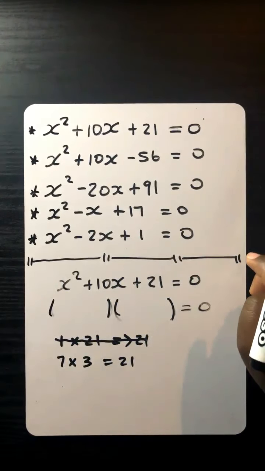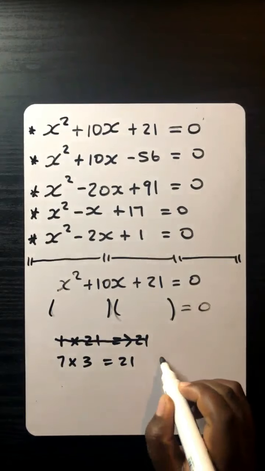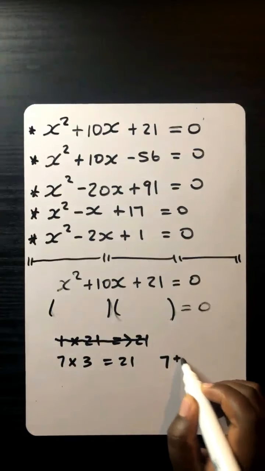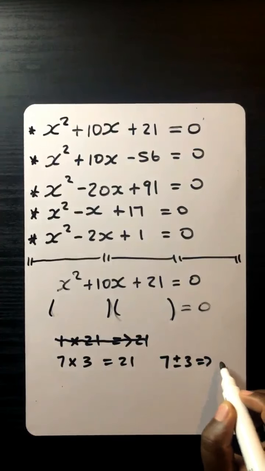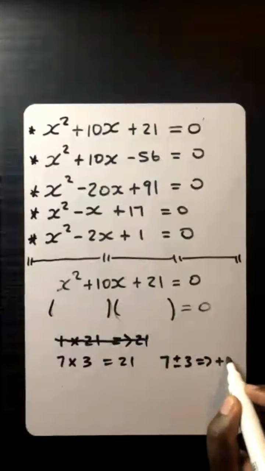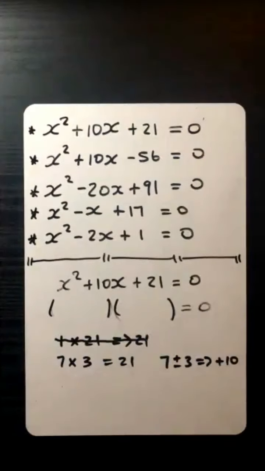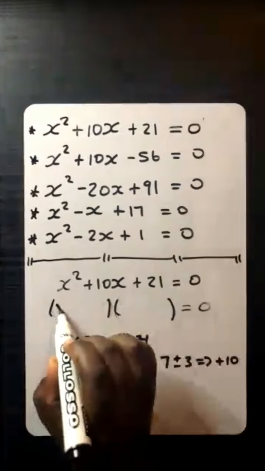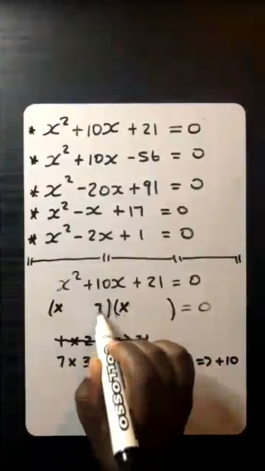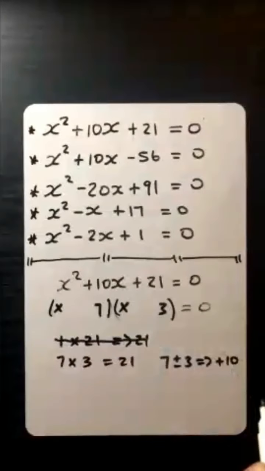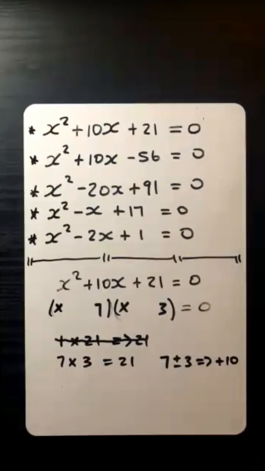Yes, which means 7 either plus or minus 3 must give us that positive 10. So then we can say x, and 7 and 3 are our factors.